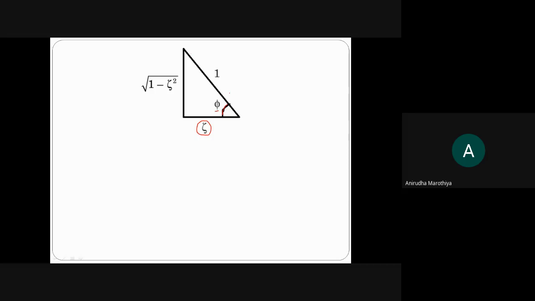Suppose the hypotenuse of that triangle is 1. By the Pythagoras theorem, the opposite side is under root 1 minus zeta square. Can you tell me the expression for sin phi and cos phi in terms of zeta? Root over 1 minus zeta square will be for sin phi and zeta for cos phi.